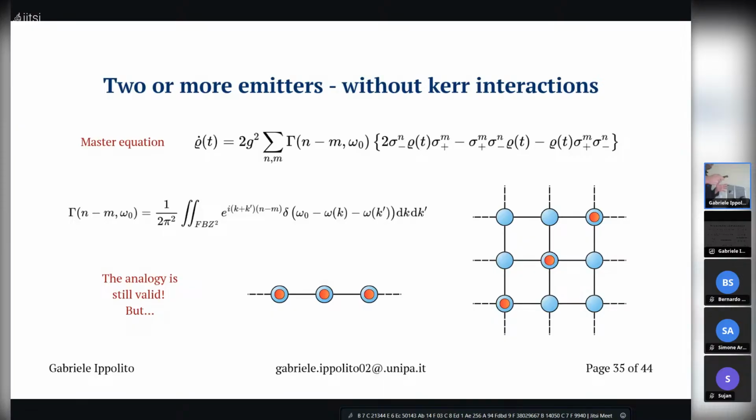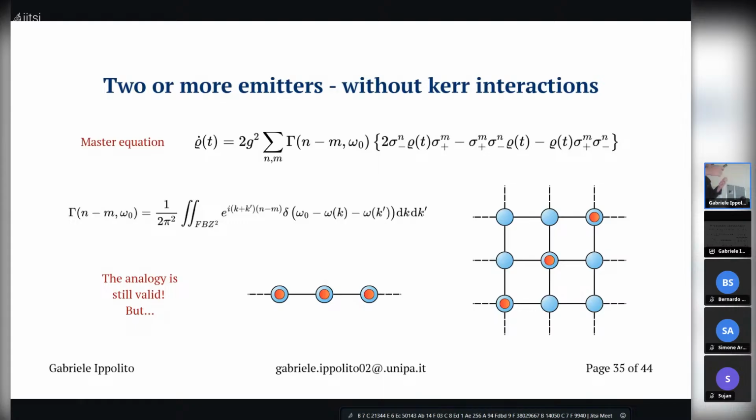There is a set of emitters quadratically coupled to the field in a one-dimensional chain, but it also describes this system: a set of emitters linearly coupled in a two-dimensional square lattice, except that we have to pay attention to how the emitters are located in the square lattice.